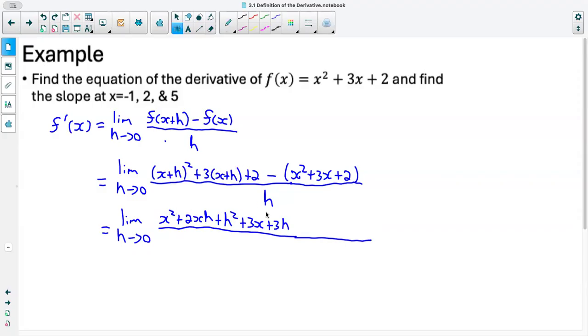I multiplied these out, but I forgot to include this plus 2. So we've got plus 2, and then we'll apply this negative. So minus x squared minus 3x minus 2 all over h.